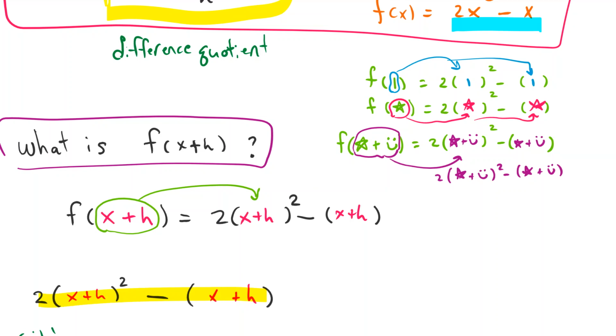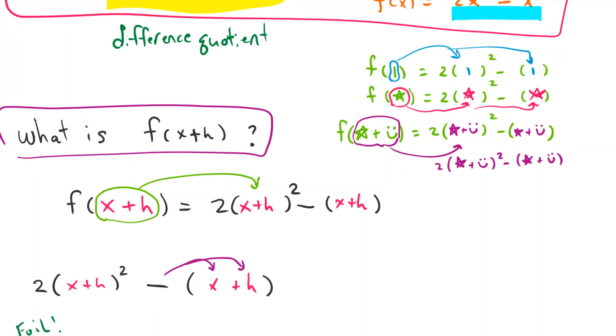Now we need to go a little bit further here. We actually need to simplify. So let's first distribute this negative. So that would give us a negative x minus h.